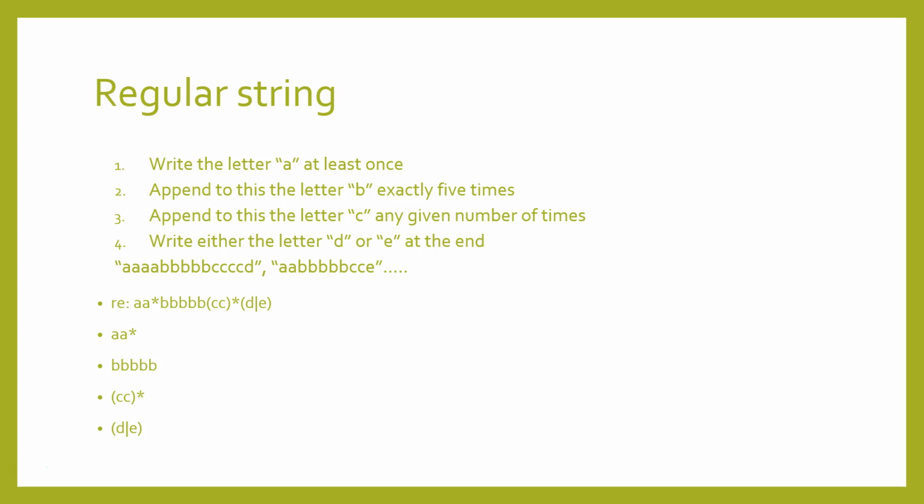Note that this can mean 0 pairs as well. Then D pipe E in brackets: adding a bar in the middle of 2 expressions means that it can be this thing or that thing. In this case, we are saying add a D or an E.